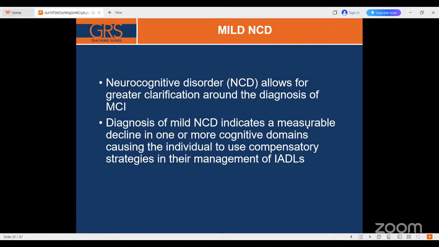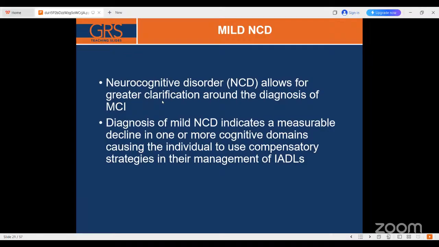Then we have mild neurocognitive disorder. Neurocognitive disorder allows for greater clarification around the diagnosis of mild cognitive impairment. A diagnosis of mild neurocognitive disorder indicates measurable decline in one or more cognitive domains, causing the individual to use compensatory strategies in managing their daily living activities.